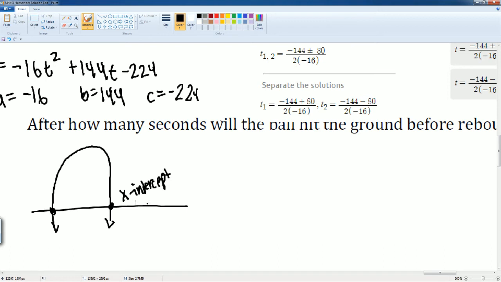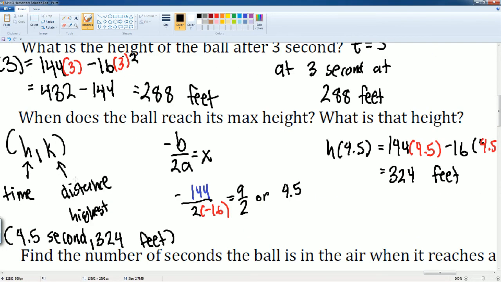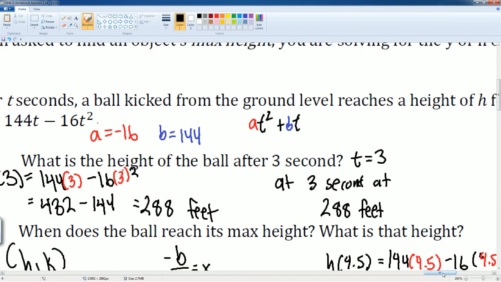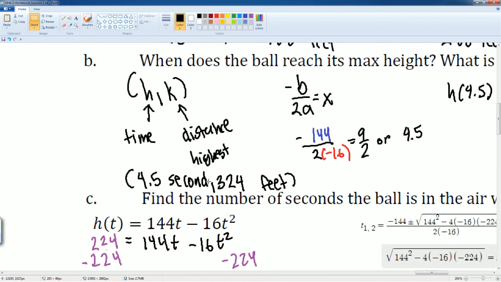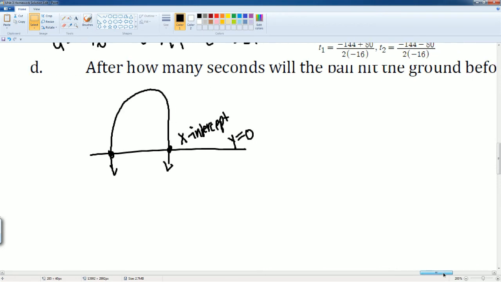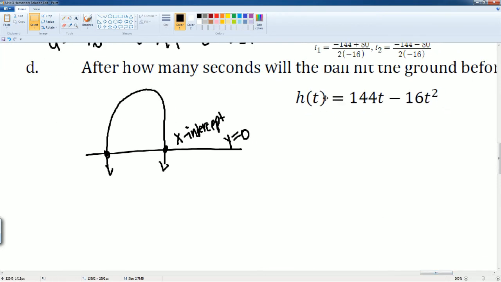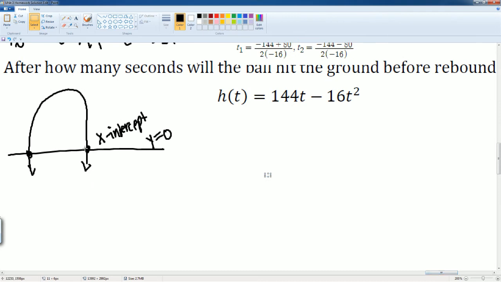This is when the y is equal to 0. So if you want to do this, you just have to set this equation equal to 0, because that's what the x-intercept is. If you look at it visually, that's where it hits the ground. So set this equal to 0.